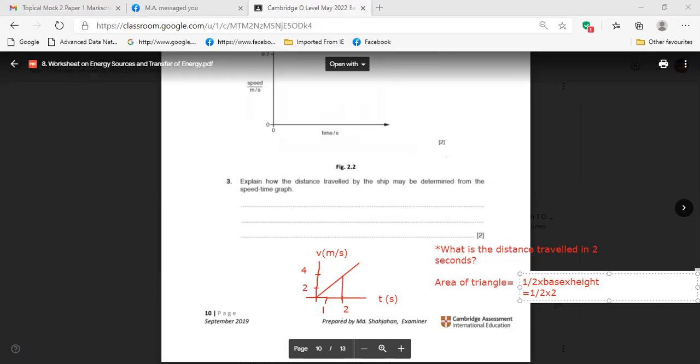Also write the unit: 2 seconds. Write the unit also, then you will see a magic. Definitely you will get a magic. So 2 seconds. Then write, what is the height here? 4.